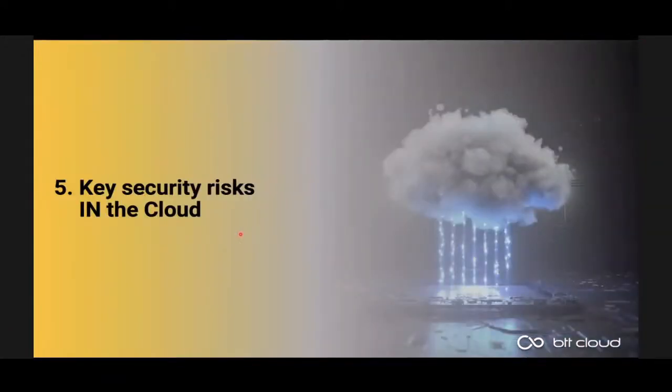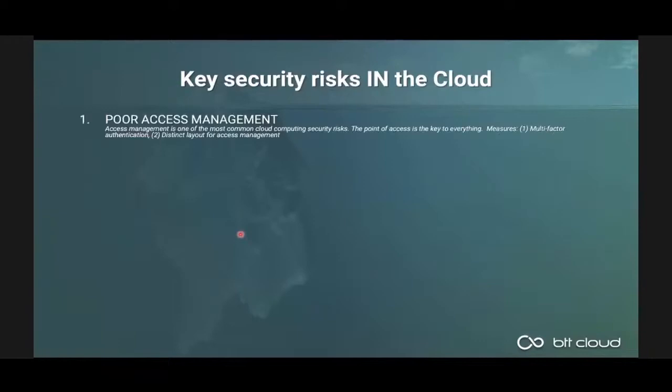So if we go further, we now understand that we are responsible for the security, for how we treat the cloud services and how secure our information is in the cloud. So for that, we need to understand what the possible security risks are when I'm in the cloud. We are now talking not about the security of the cloud, but about typical risks for security in the cloud. First and most important is poor access management.